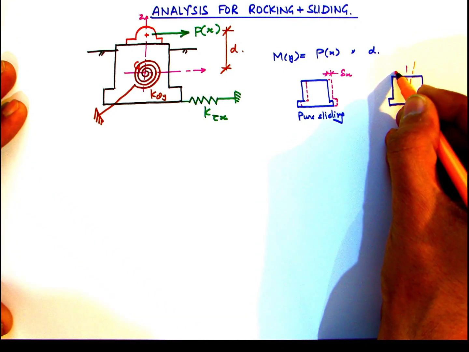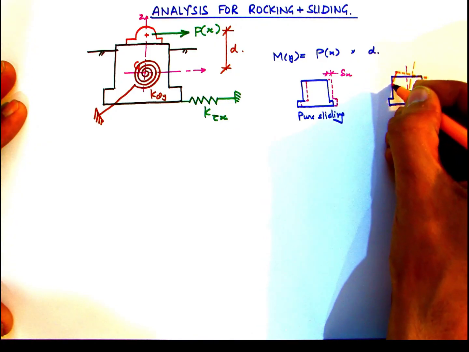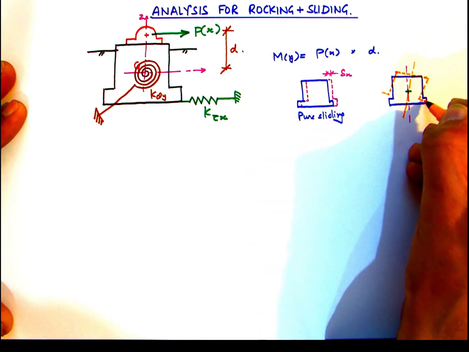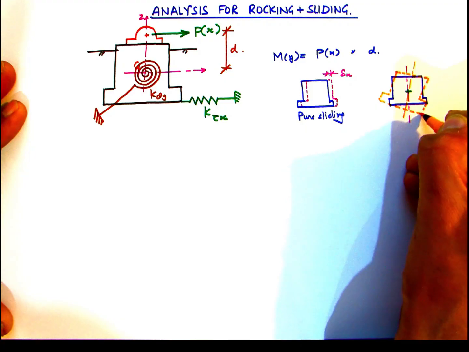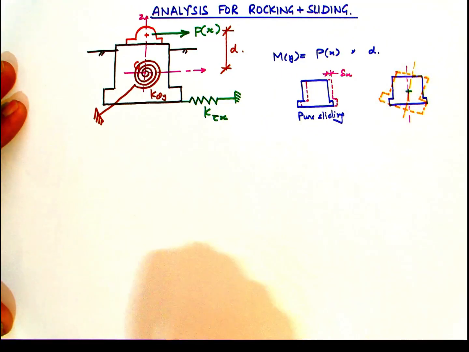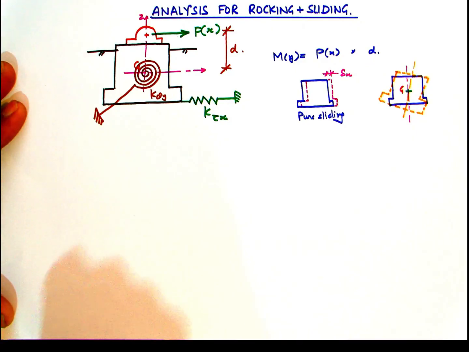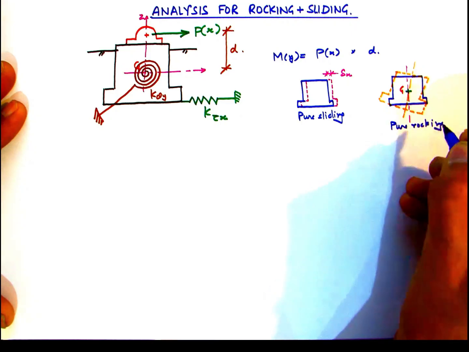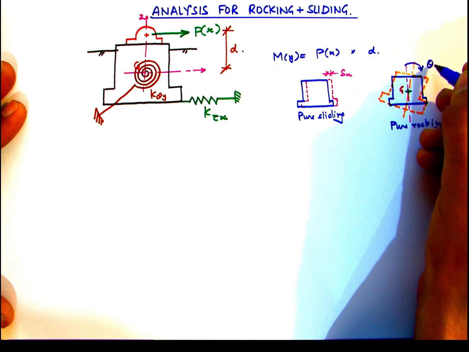And just like we are showing here the combination of sliding and rocking, the combination of sliding and pitching is also similar. The only difference is that whereas the rocking is happening about the y-axis, pitching occurs about the x-axis. The positive direction of the angle of rotation for rocking is again shown here.